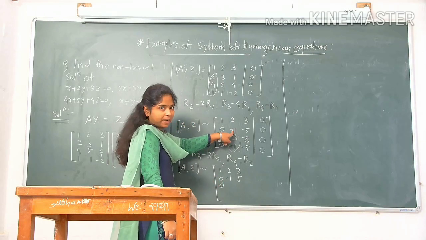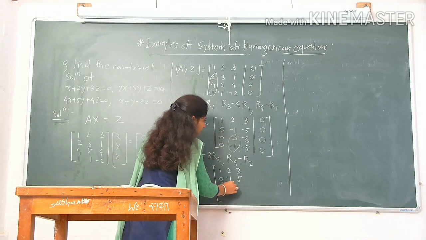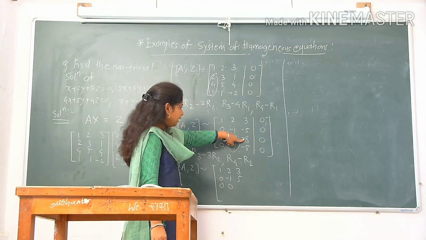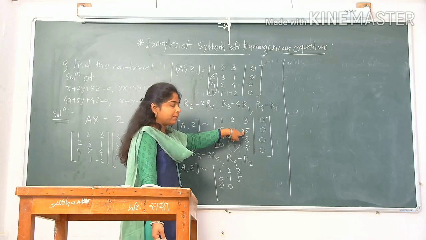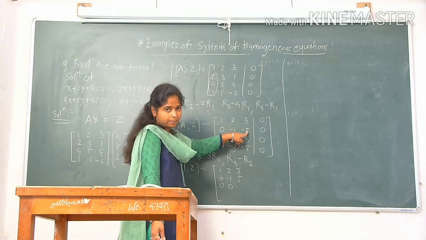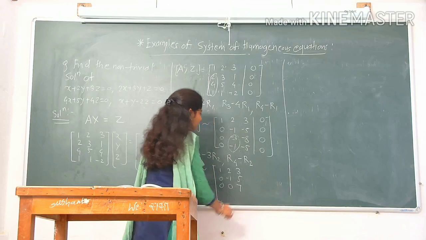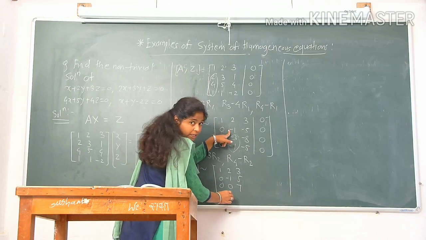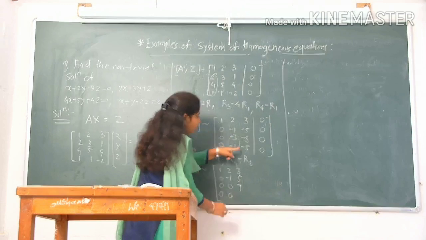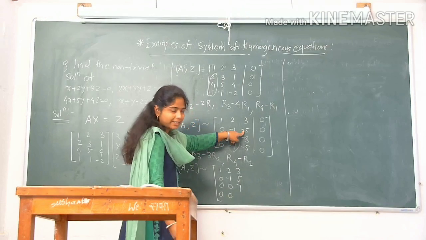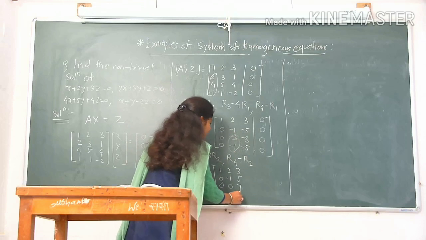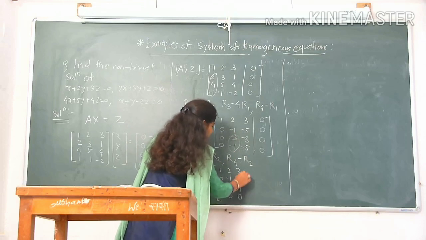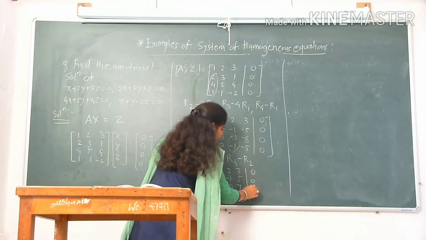Here minus 3 minus 3 is 0 and minus 8 minus 15, which is minus 8 plus 15, is 7. And here 0 minus 1 is minus 1 plus 1 which is 0, and minus 5 minus 5 is minus 5 plus 5 is 0. Here all the elements are 0.